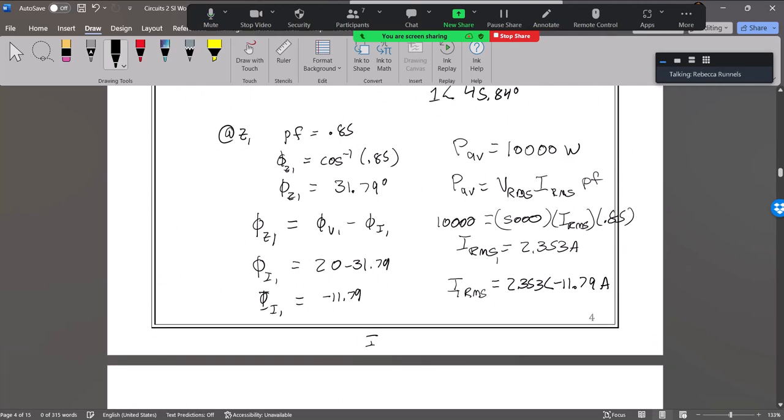So I source equals 1 angle 45.84 plus 2.353 angle negative 11.79. And if you add those together, I have my answer here in rectangular: 2.997 plus j0.237 amps.